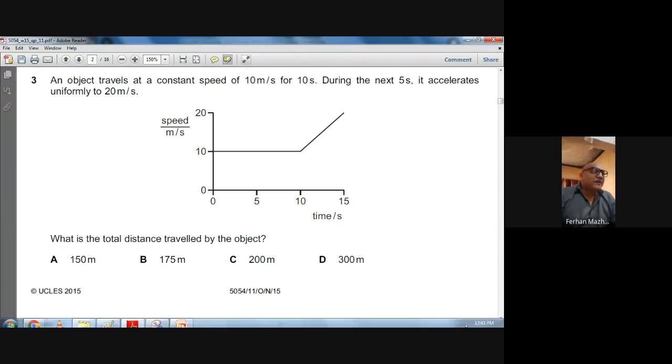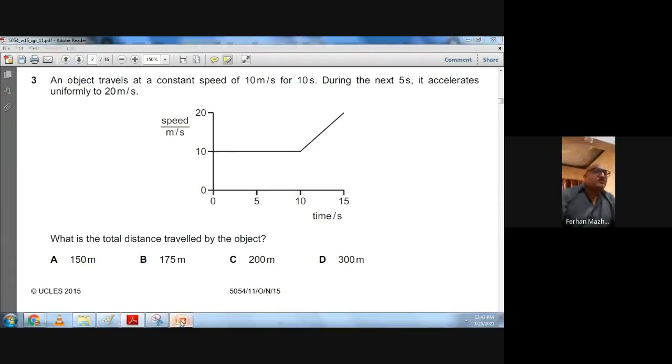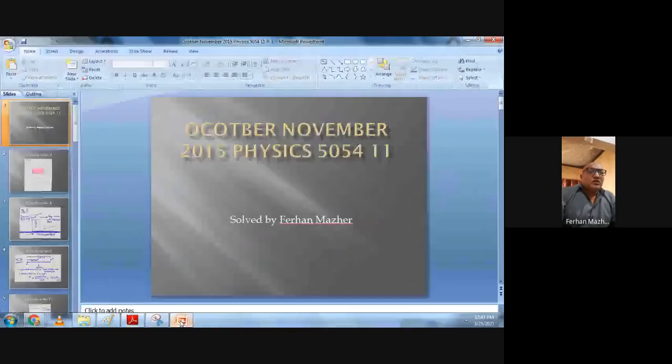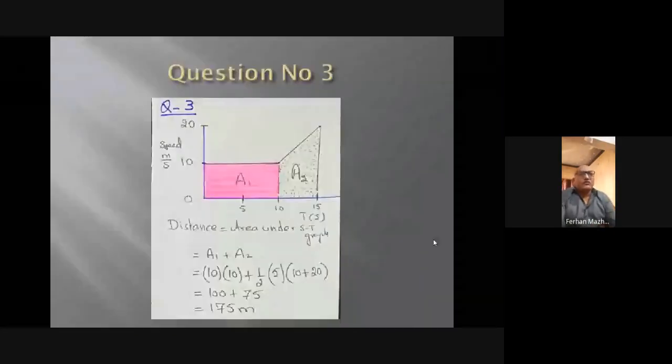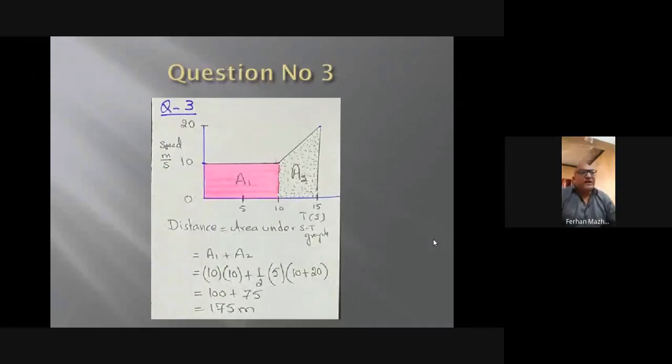I have done this on a paper also. Let me show you. Here you can see that I have made that diagram again, and I have divided that speed time graph into two portions.